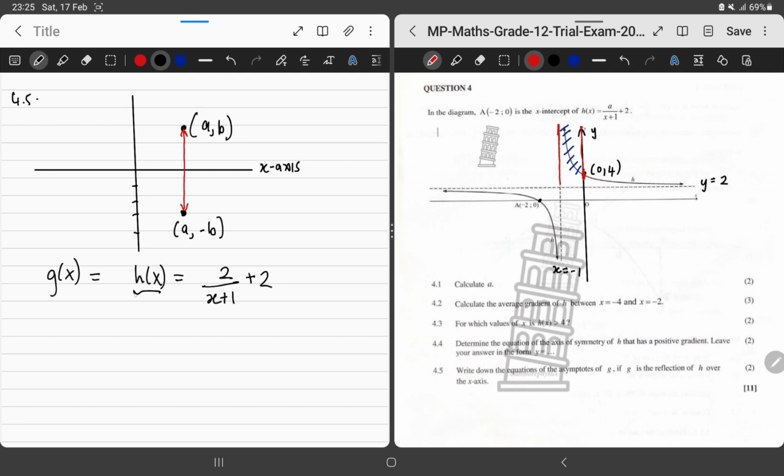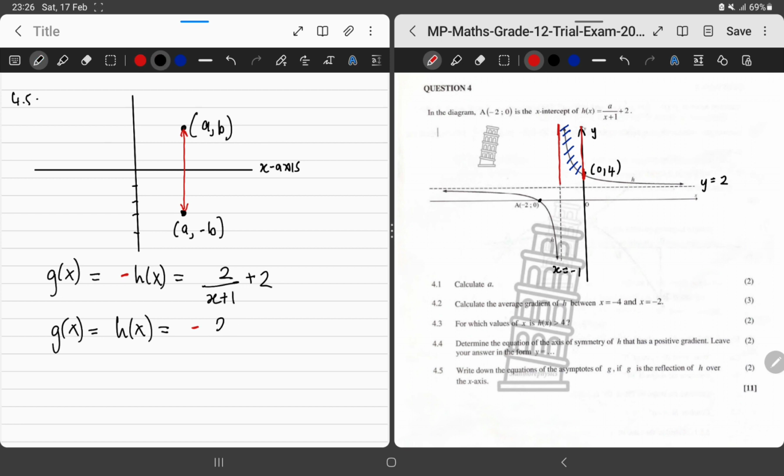Well, I know that h(x) represents the y values, so I am going to put a negative there. So now my g(x) will be equal to negative h(x).